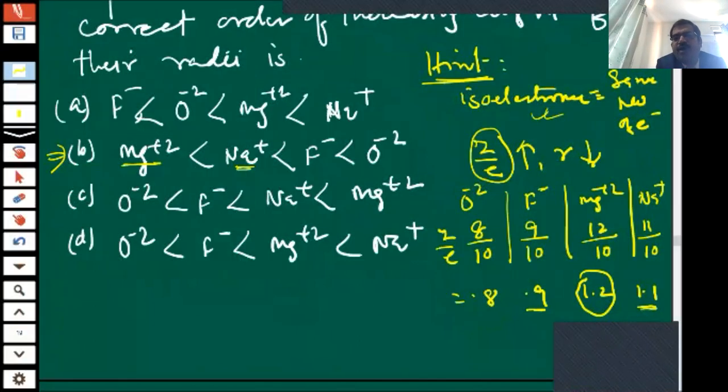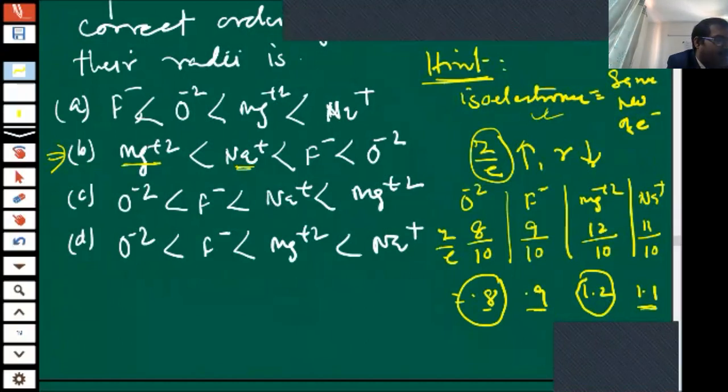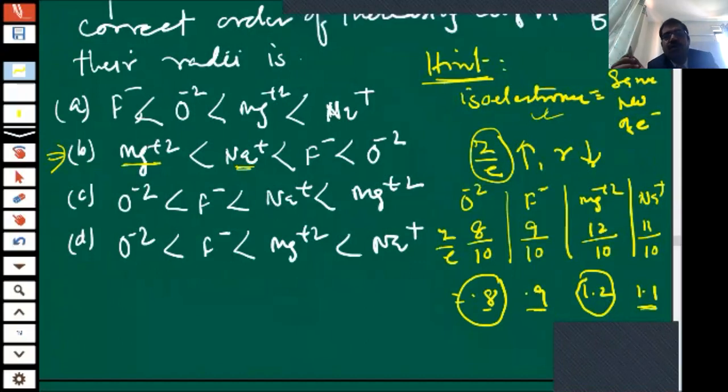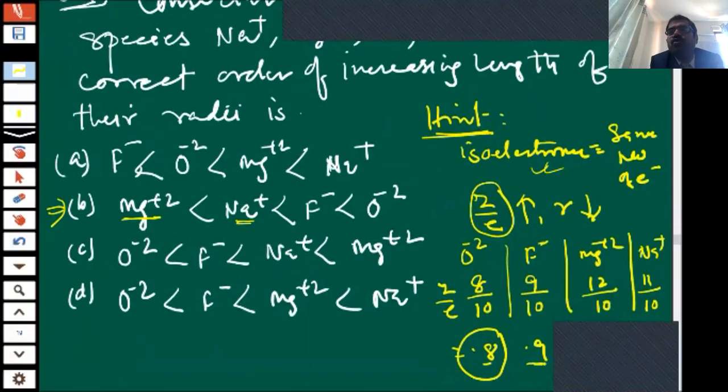Then 0.9, then 0.8. So O-2 has the lowest Z by e value, and those which have the lowest value will have the highest radius. So option B is correct, children. Option B. Did you understand, children? In this way, you have to solve your problems.